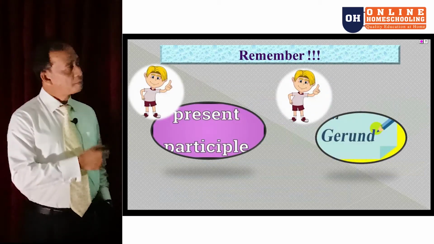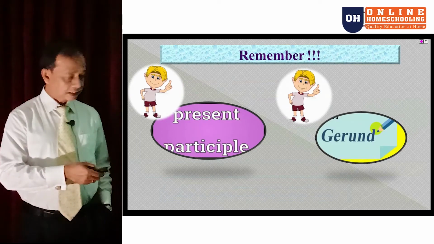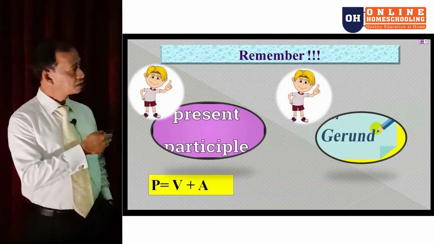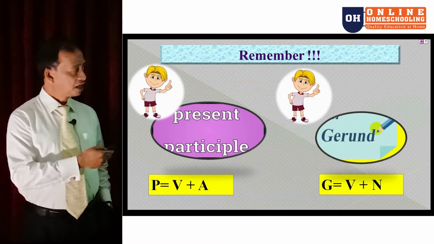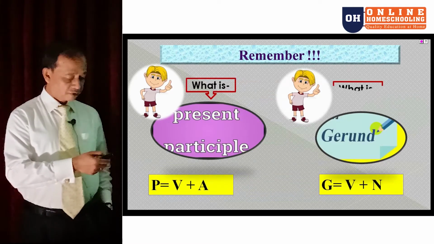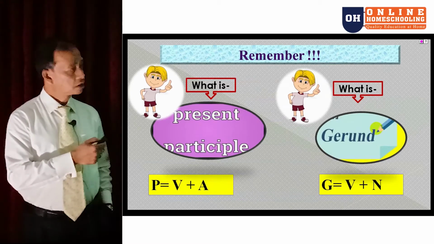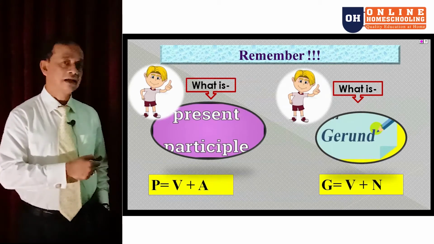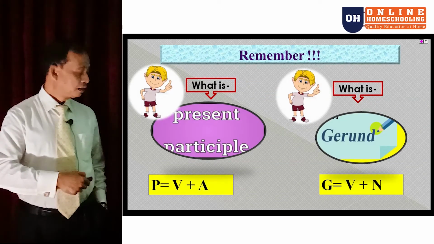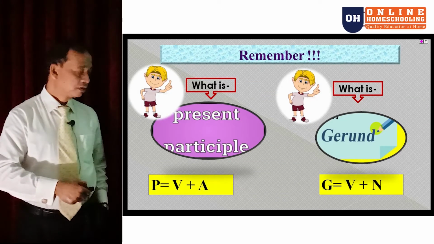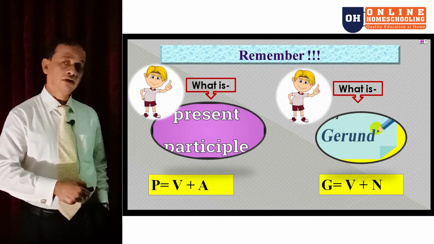So now have you got the answer to the question that this gentleman asked at the beginning of the lecture? I am sure you have. What is present participle? Present participle is equal to verb plus ing is equal to adjective.